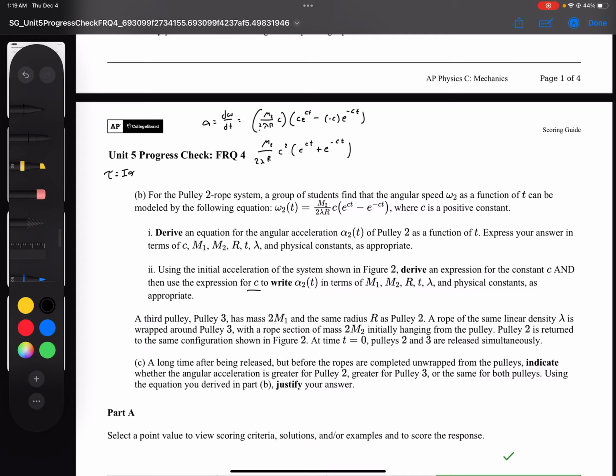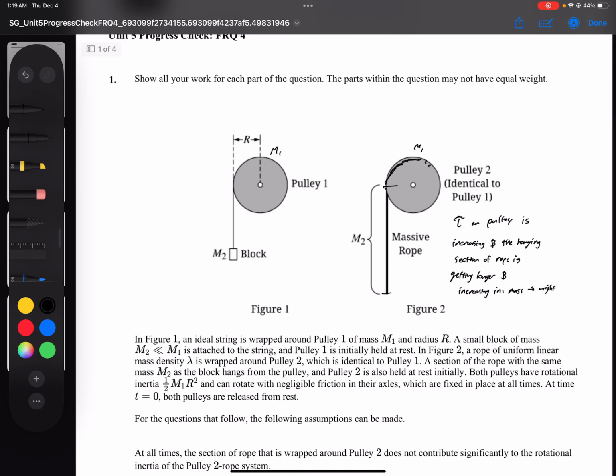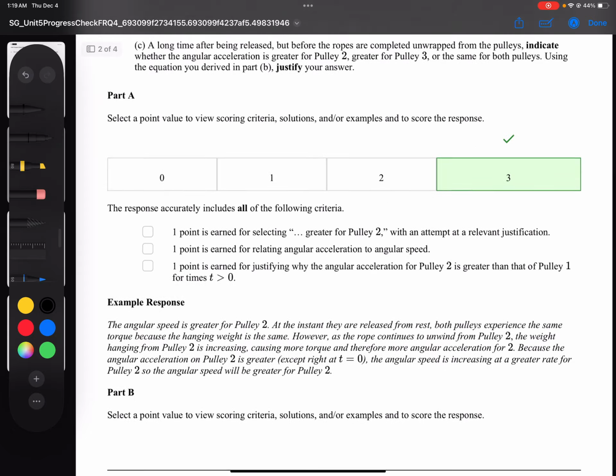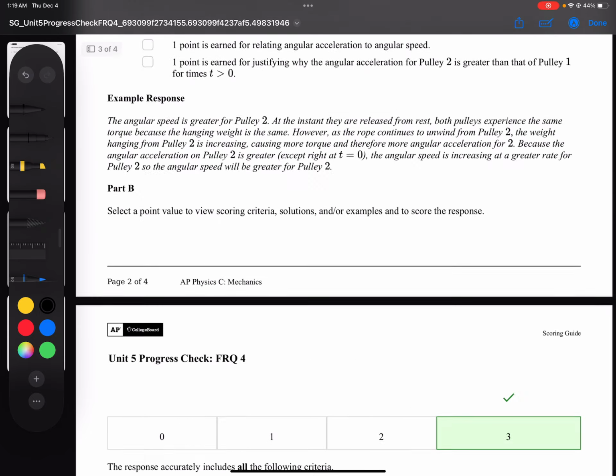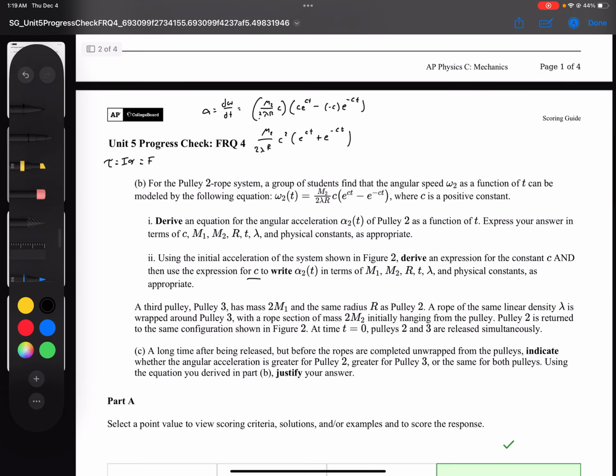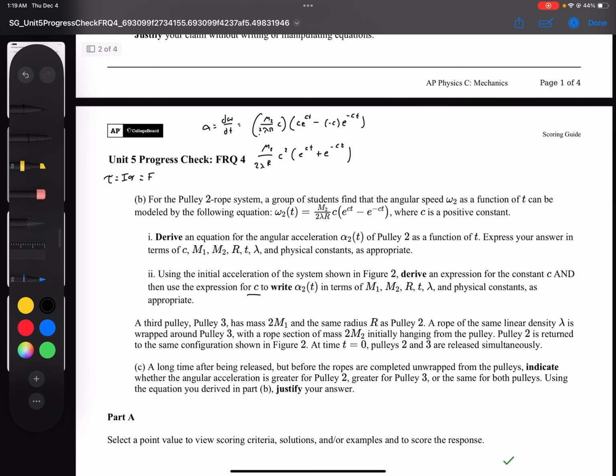And basically what I'm going to do is set this equal to the force acting on the wheel, which is just m2 times g times r. So the force acting on the wheel times r.